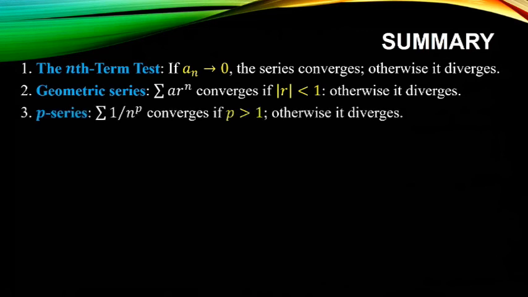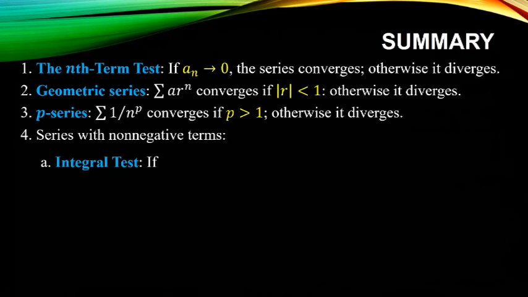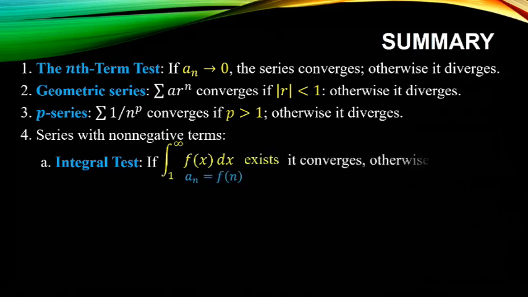In p series, the summation of 1 over n raised to p converges if p is greater than 1 and otherwise it diverges. Number 4, the series with non-negative terms. We can use the integral test: if the integral of f of x dx from 1 to infinity, where a sub n is equal to f of n, exists, it converges, otherwise it diverges.